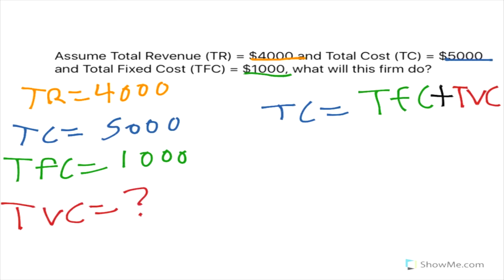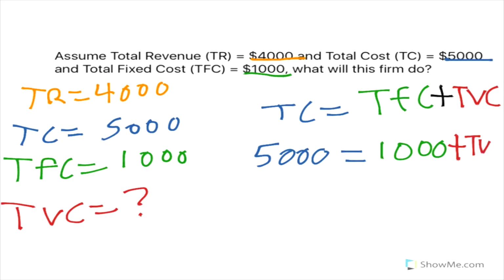So in order to figure it out, we take 5,000 as our total cost, equal to total fixed cost of 1,000 plus total variable cost.